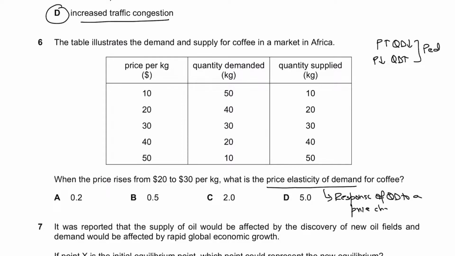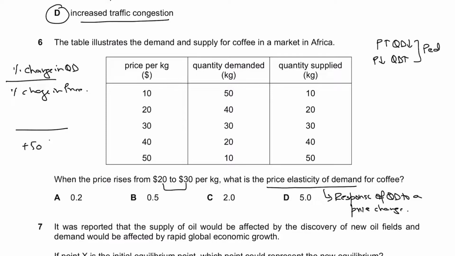And the formula for that is the percentage change in quantity demanded divided by the percentage change in price. Very simple. So if price is rising from 20 to 30, it represents a 50% increase in price. So the price is rising by 50%, right?